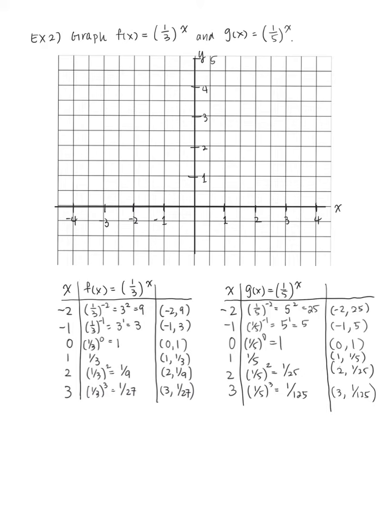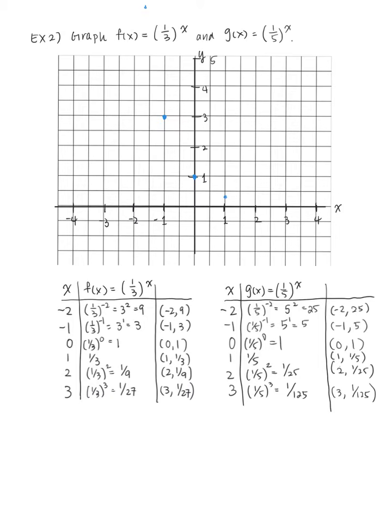So I'm going to start off with our f of x. So let me plot -2, 9. Oh no, it's out of the grid. So I'm just going to put maybe up here. And then -1, 3, that I can plot on this graphing paper. And then 0, 1. And then 1, 1/3. So when x is 1, our y value is going to be 1/3.